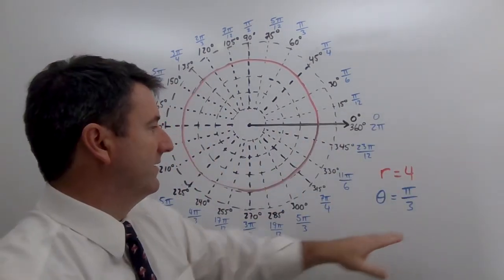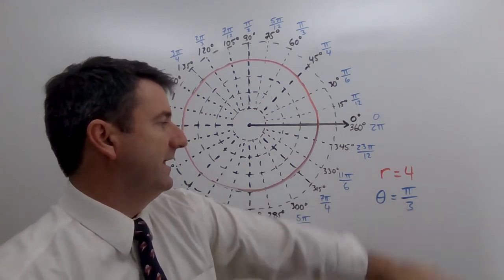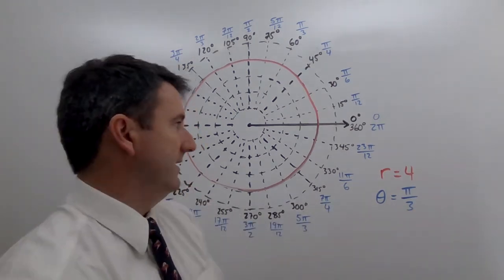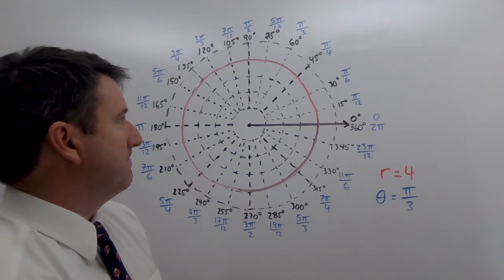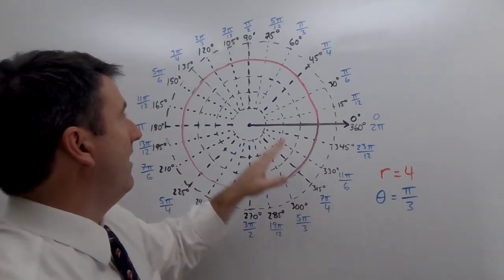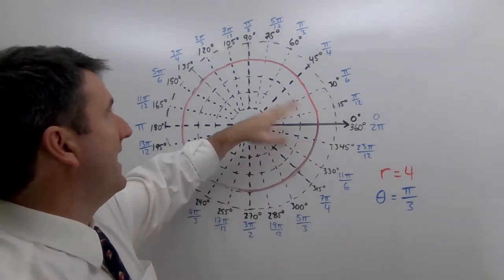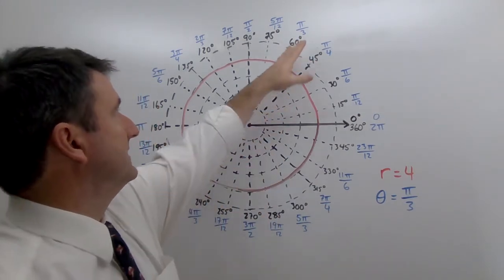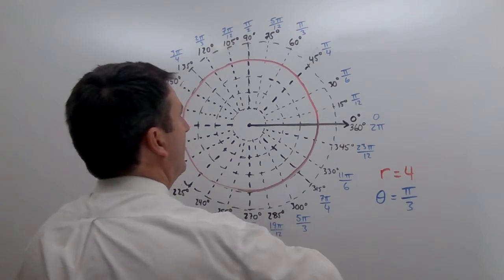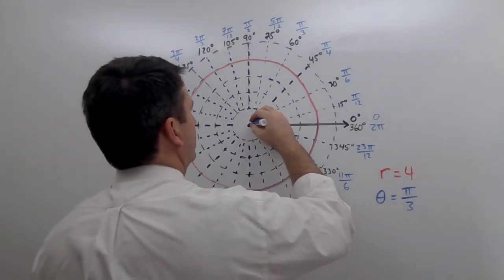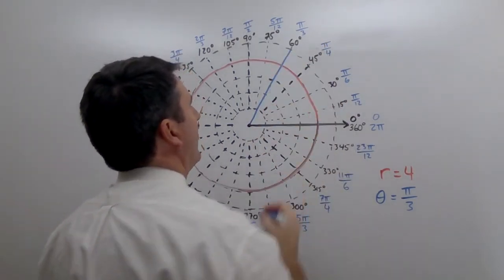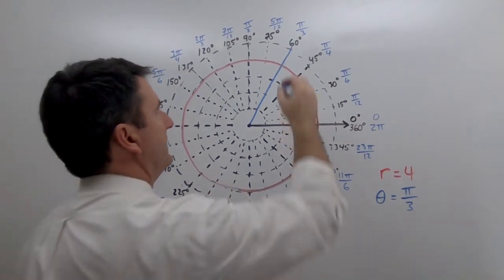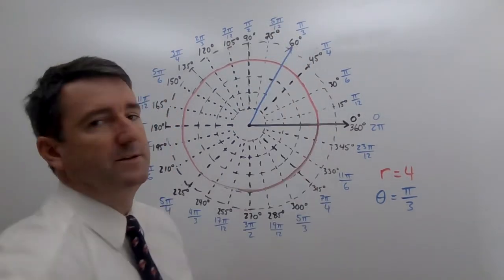Now what about if we're given an angle, theta equals pi over 3, for example. There we want all the points that are on that angle, regardless of what r is, regardless of the distance. So that's going to be all of these points on our angle pi over 3 going off to infinity.